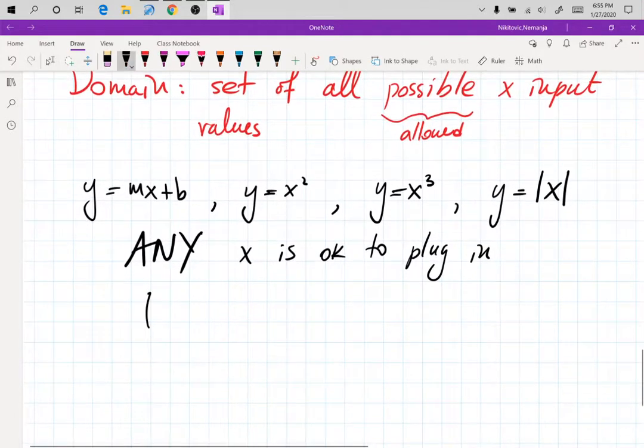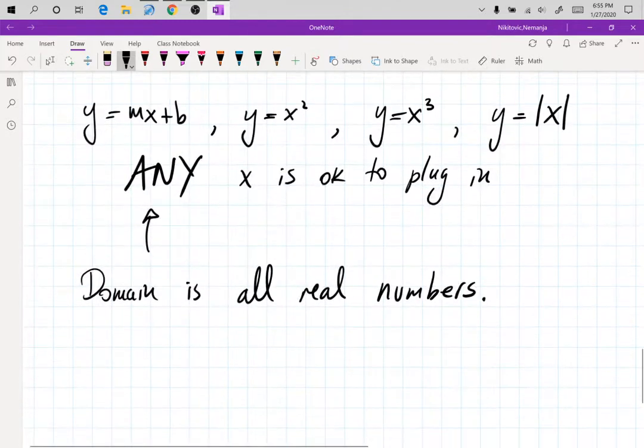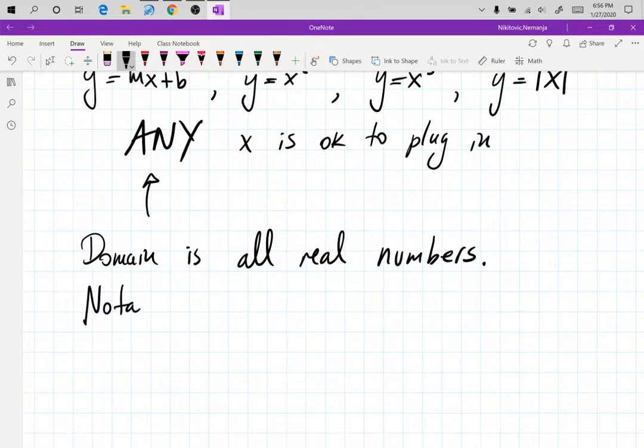Because any x works, we say the domain is all real numbers. And the notation is, you can either put a capital R with a double bar on the side, or you can say negative infinity to positive infinity.